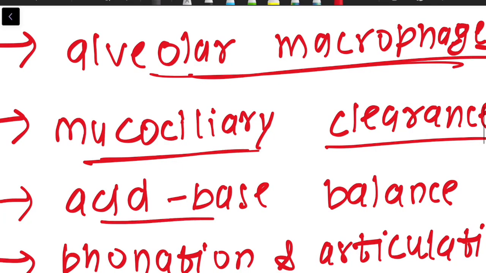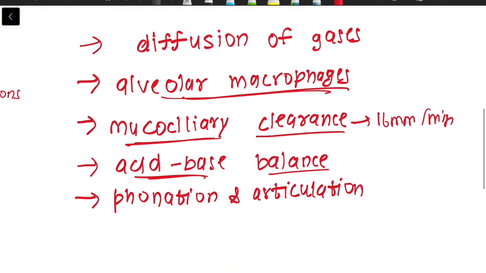Now if we talk about acid base balance, the respiratory system is also responsible for this. If in a pathological patient the kidney is failing and he or she can't secrete acids, then acid starts accumulating in the blood, and the blood becomes acidic.